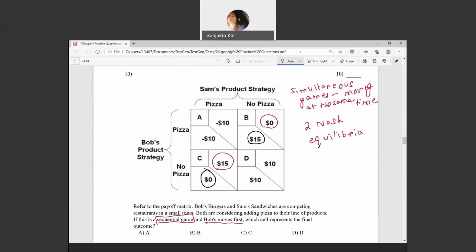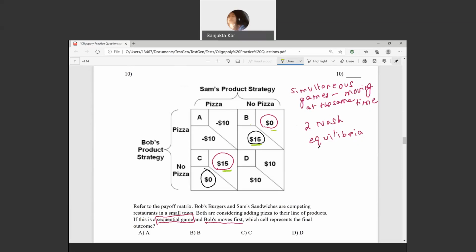What would Bob do here? Which one would he choose, cell B or cell C? If Bob chooses cell B, he would have a profit of 15 and Sam would have no profit. If Bob chooses cell C, Bob's profit will be 0 and Sam's profit will be 15.